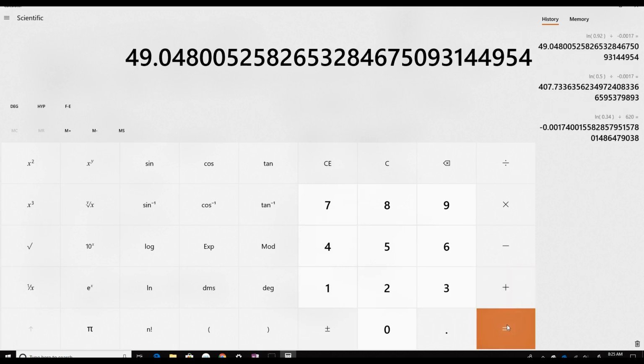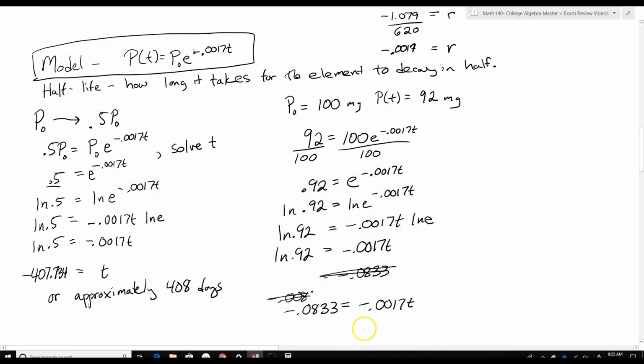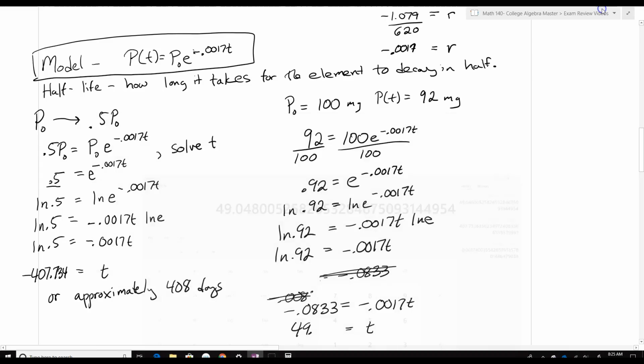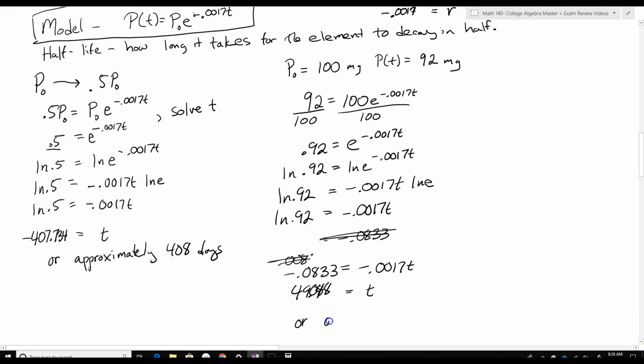So t equals 49.048 days, or approximately 49 days, actually. Round down.